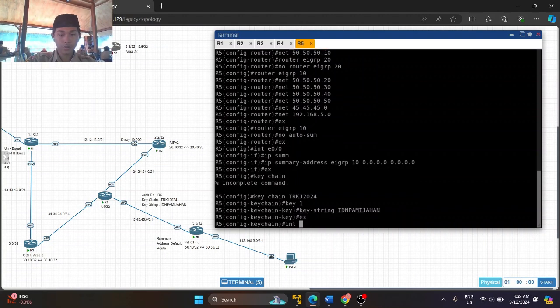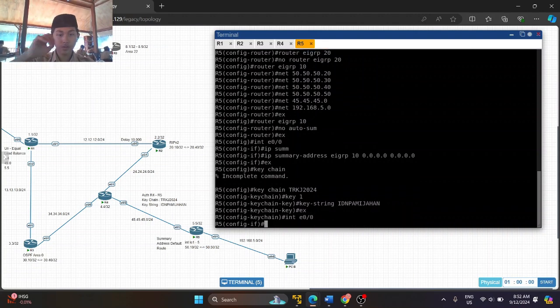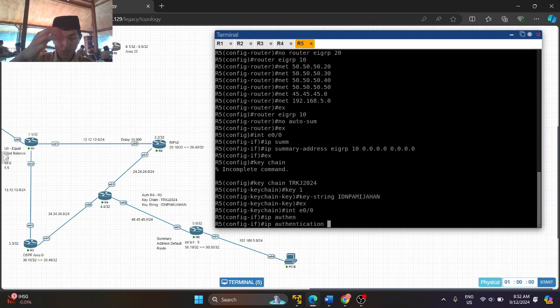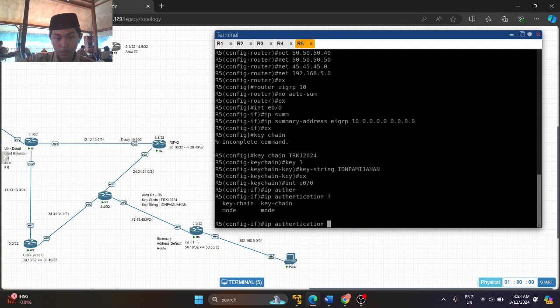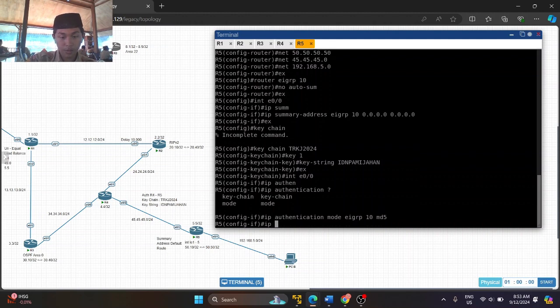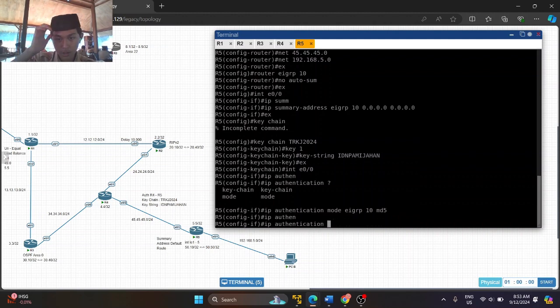Exit, interface 0, IP authentication mode EIGRP 10 MD5, IP authentication keychain EIGRP 10 KJ 2024.